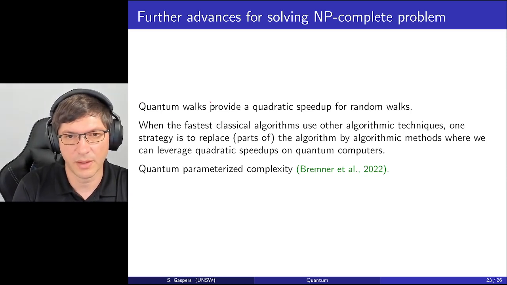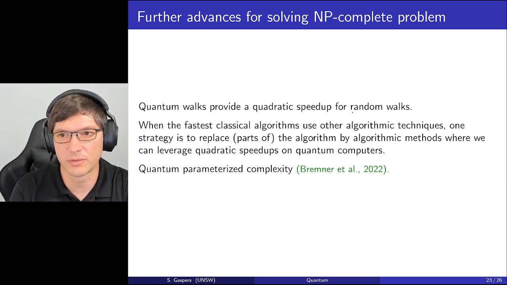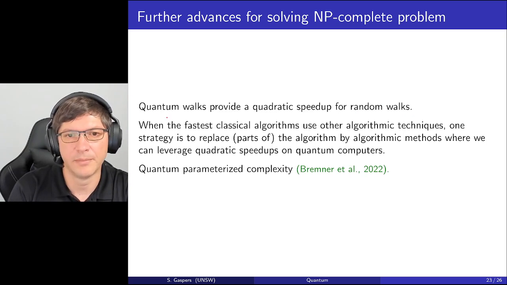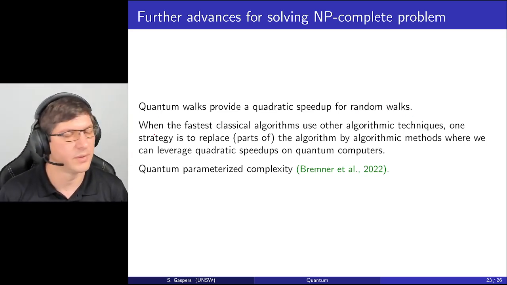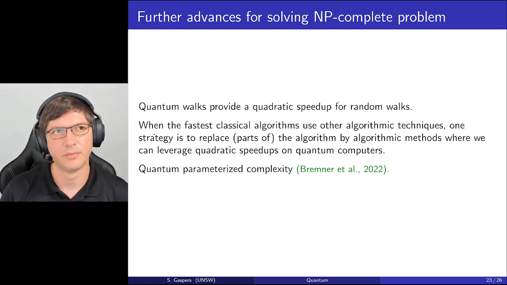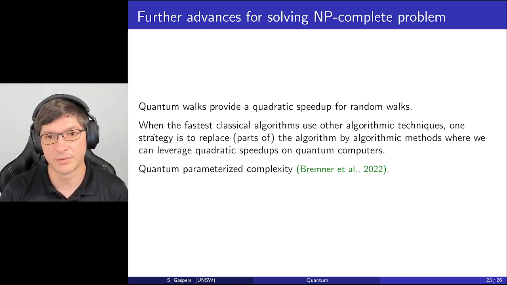Quantum walks. They are a generalization on quantum computers of random walks. Sometimes our fastest classical algorithm doesn't use branching search and doesn't use randomized algorithms.